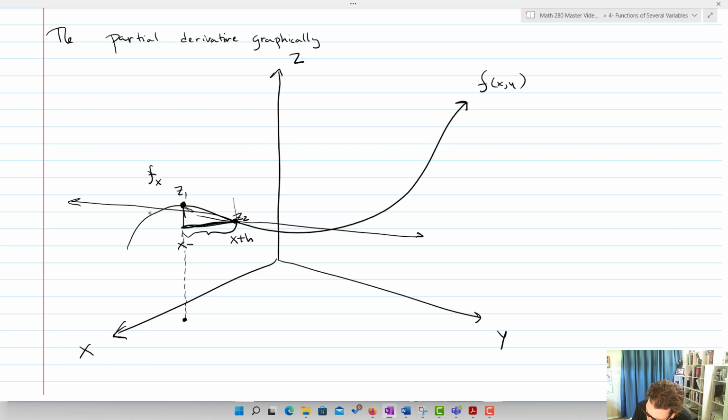Now, what happens if we think about it with respect to y? Again, like I said, stuff's tricky. Now what's being held constant is our x value.